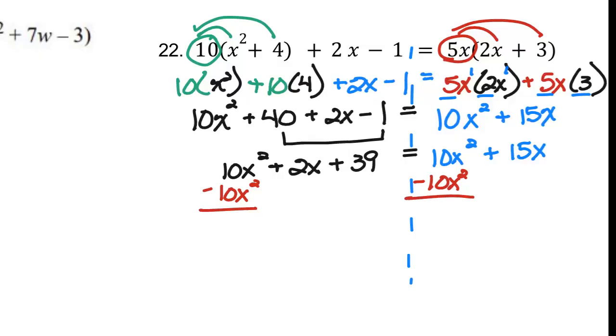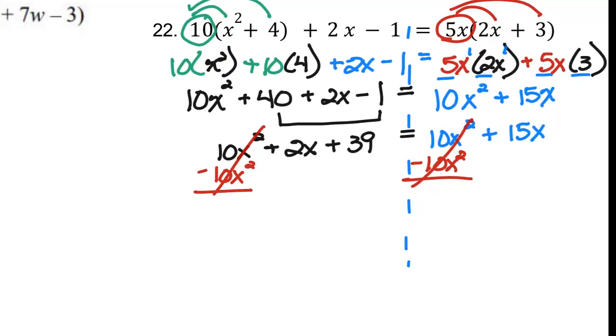Okay? Because this is an equation. Whatever you do to one side, you have to do to the other. And guess what? The x squareds actually cancel out all the way. All right? Now, I have 15x, and on the left-hand side, I have 2x plus 39.